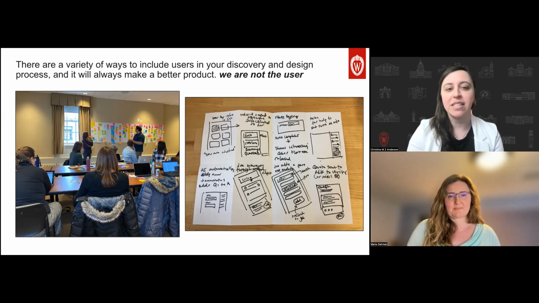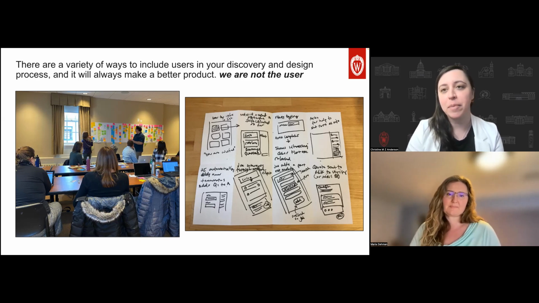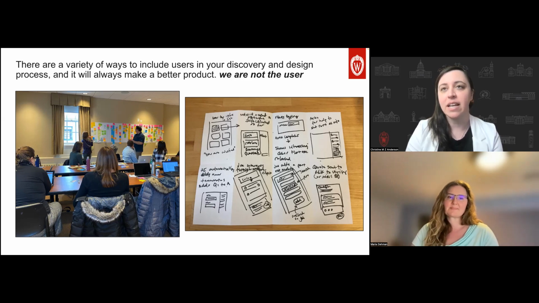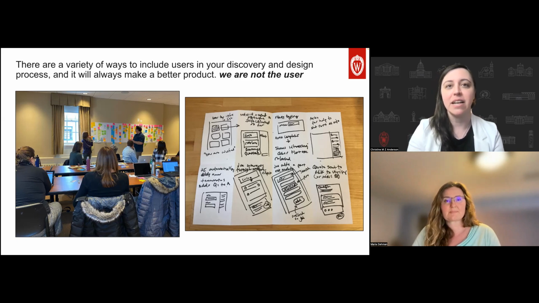On the right, you'll see an example of what we call rapid prototyping or drawing sessions. And that just helps us get an idea of what users think that an interface should be organized like, what they need front and foremost access to get done what they need to get done.